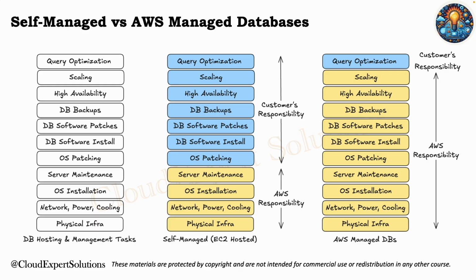Before selecting self-managed versus AWS managed, you should ask if you need more control over the database engine, if your use case demands that, or maybe you are looking for a legacy or a trial version of a database engine which is not available in AWS, then EC2 is the option for you. However, for all other use cases, you can choose any one of the AWS purpose-built database offerings.